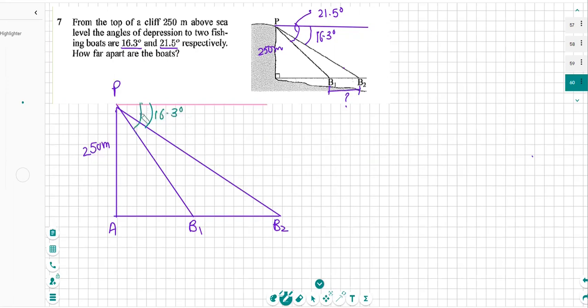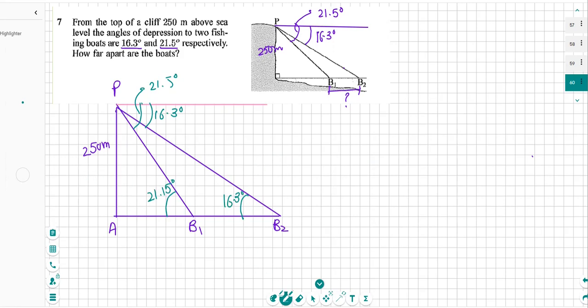Second one, this angle is 21.5 degrees. Again, these two lines are parallel to each other, this and this. So this angle must be equal to 16.3, and similarly, this angle must be equal to 21.5. Got it? Alternate angles.